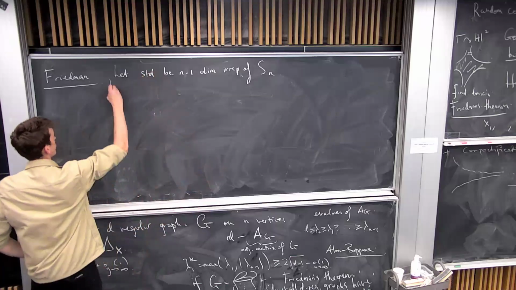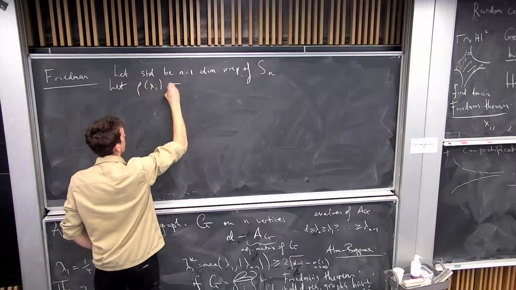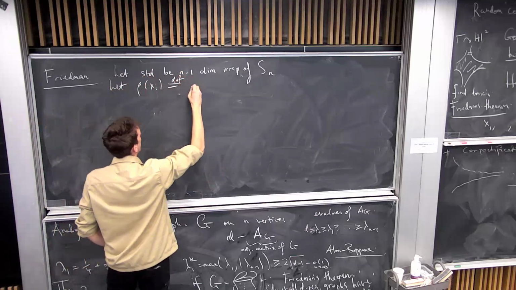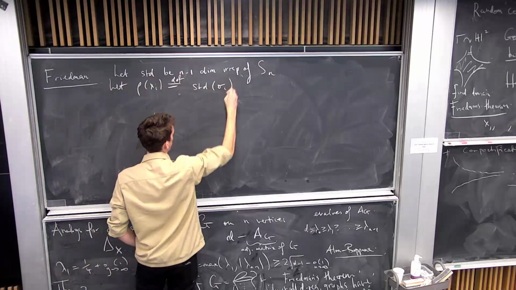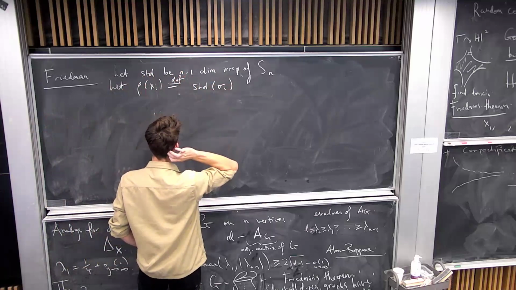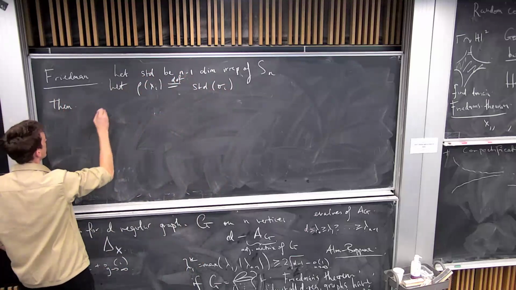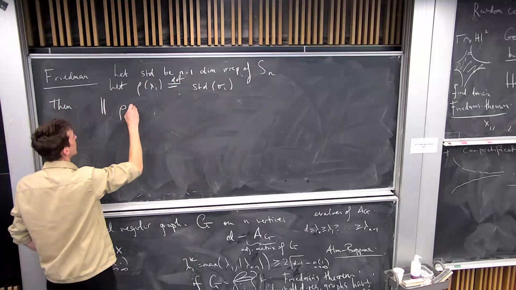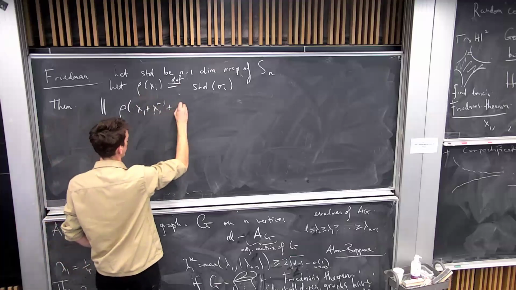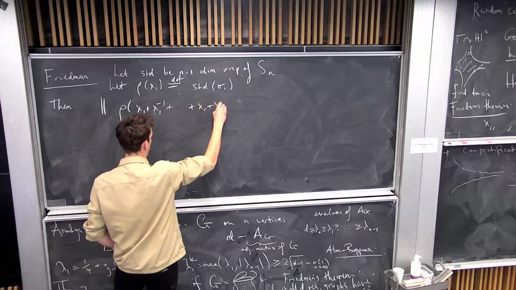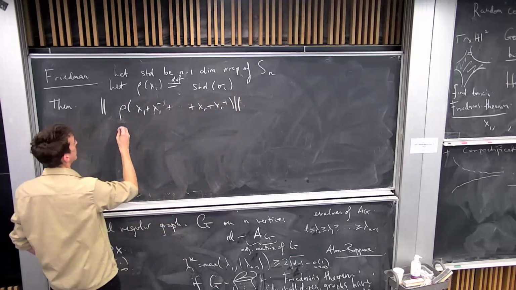Then let rho of x_i be equal to the standard representation applied to sigma_i, these random guys we chose. Then the norm of rho(x1) plus rho(x1 inverse), so I'm extending rho by linearity, plus up to rho(xr inverse). So what is this guy?